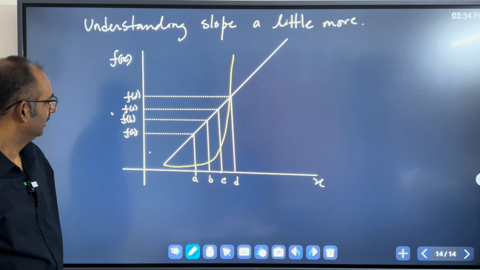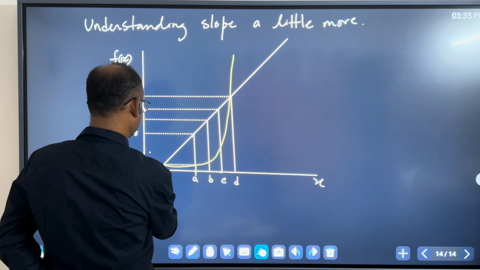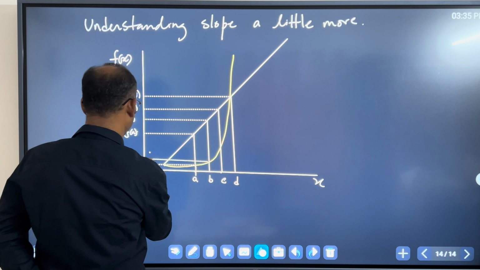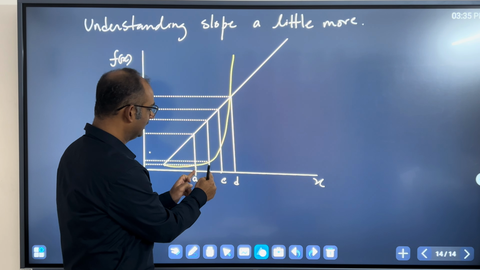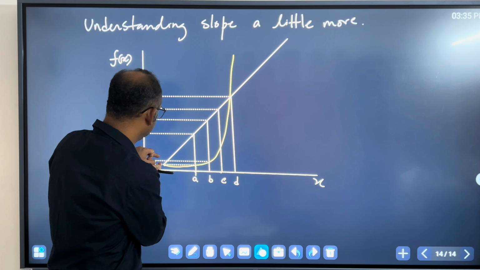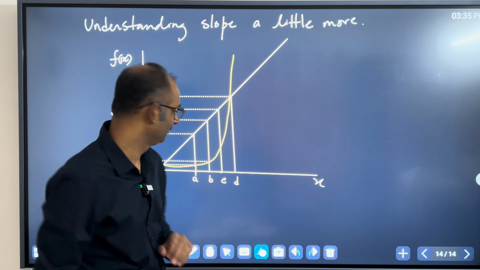Now you see, as you go from point A to point B, your function changes by this much amount, right? So let's say this is 1 kilometer. In 1 kilometer, the height of the mountain has increased by, let's say, 100 meters.